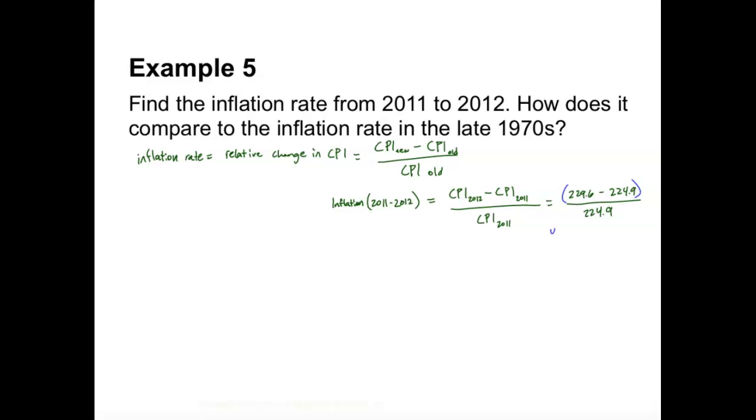And we get approximately 0.021, which as a percent is about a 2.1% inflation rate.